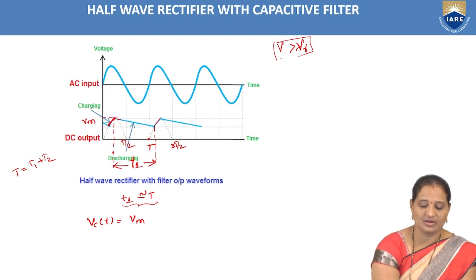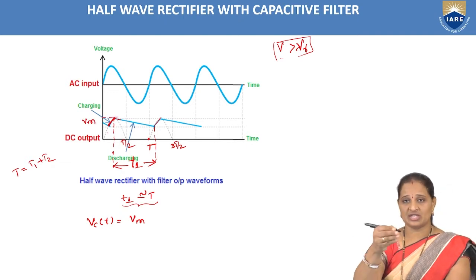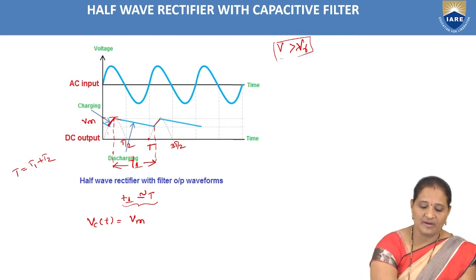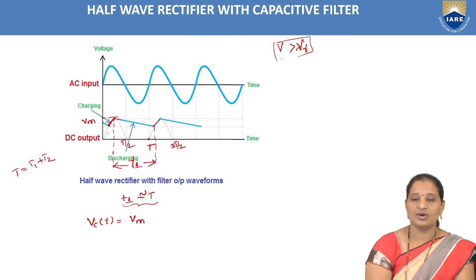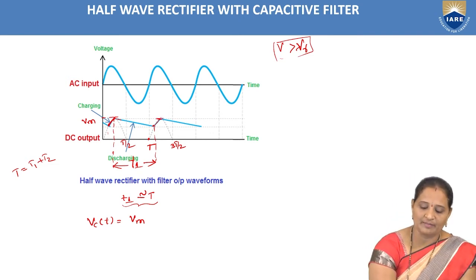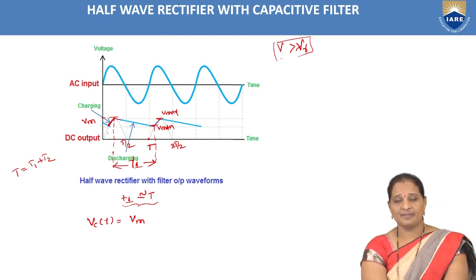What is the maximum value here? Up to Vm it will charge, and once it reaches Vm, it will start discharging from Vm to a minimum value. So in order to find the ripple factor, first we need to find the maximum value and the minimum value of the ripple voltage.